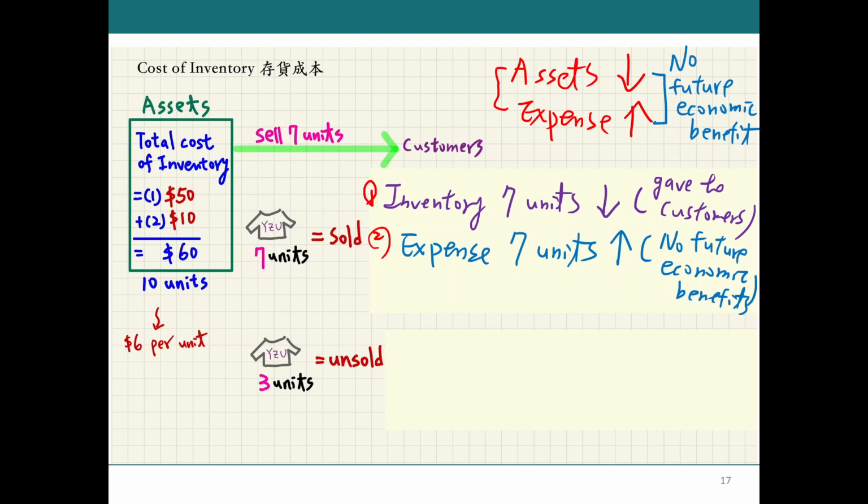Okay? And this expense is about inventory sold. So which name do we use? Cost of goods sold.